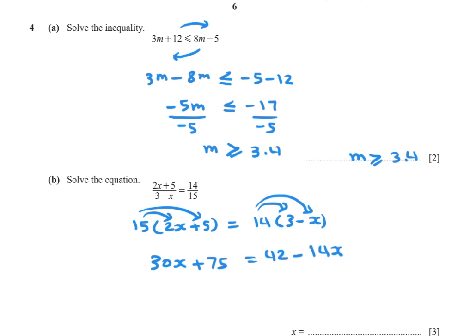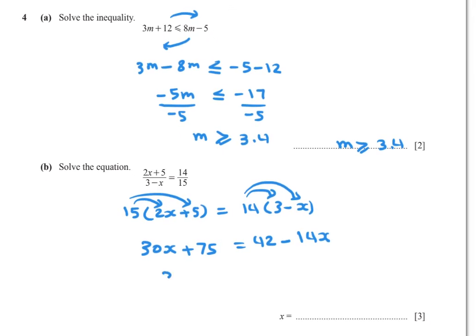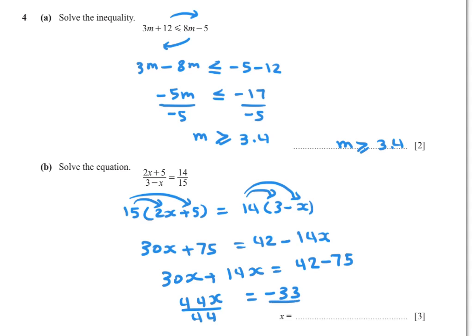Put x on one side and numbers on the other side. So 30x plus 14x equals 42 minus 75. So 44x equals negative 33. Divide by 44. So x equals negative 3 over 4.